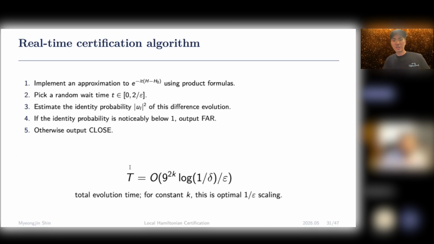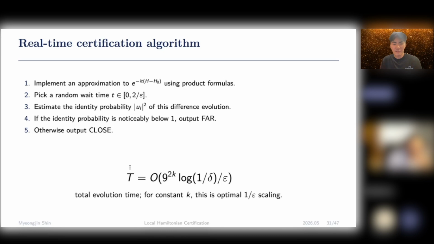So let's just summarize the algorithm of certifying the Hamiltonians in the real-time evolution setting. First, by using product formulas, which are called Trotterization, we can approximate the time evolution of the delta H. Then we can pick a random coordinate time t from that interval, and then we can get the estimate of the identity probability of Bell sampling by just using Bell sampling.